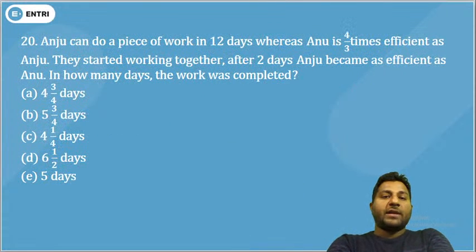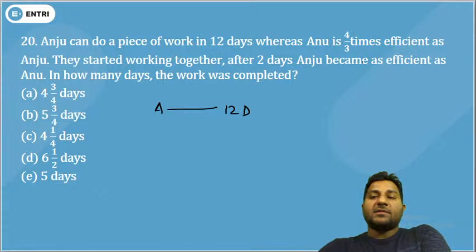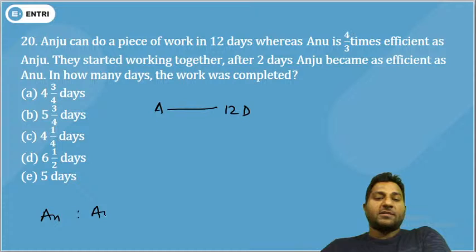Anju can do a piece of work in 12 days, whereas Anu is 4 by 3 times as efficient as Anju.